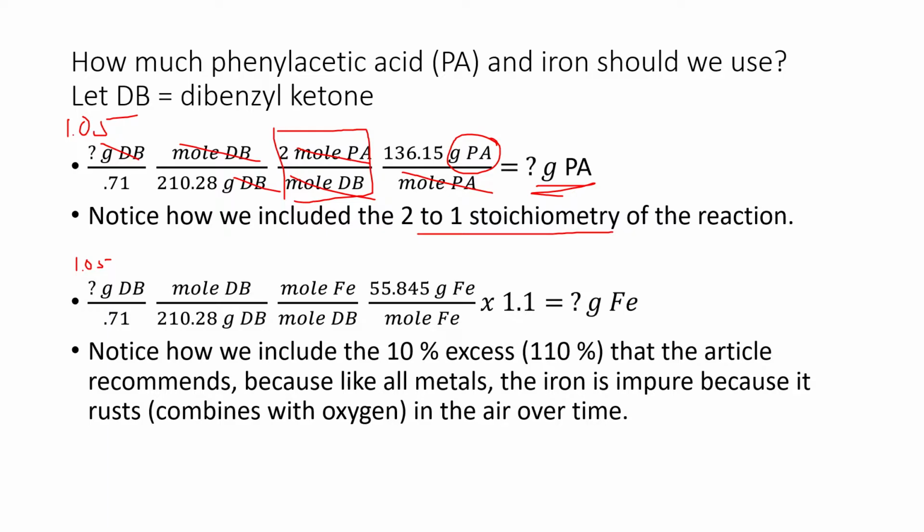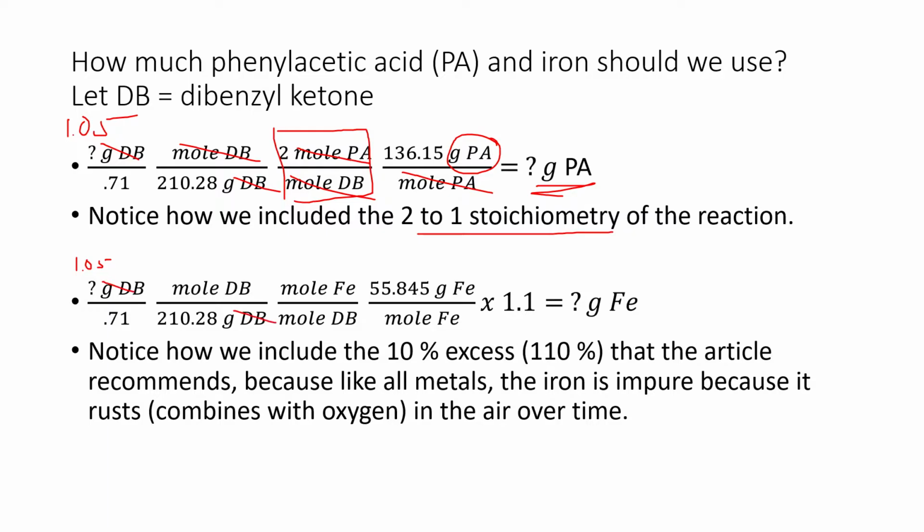And then we divide it by the molecular weight, and this will give us the moles of dibenzyl ketone. For every 1 mole of dibenzyl ketone, we need 1 mole of iron, so luckily this is just 1. And to figure out the mass of the iron that we need, we convert it to grams by multiplying it by its molecular weight.